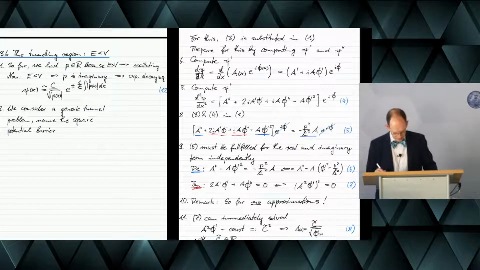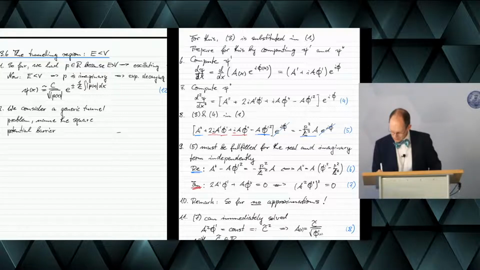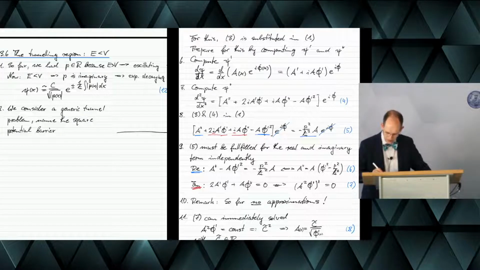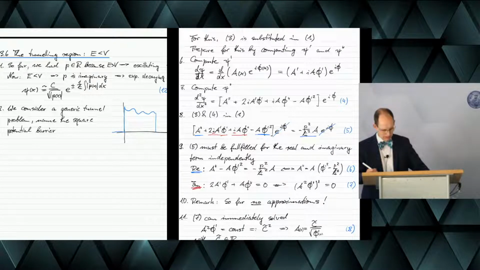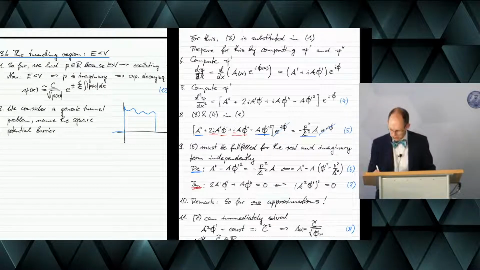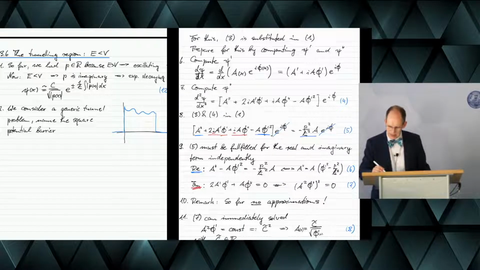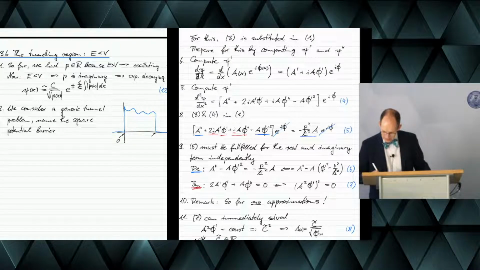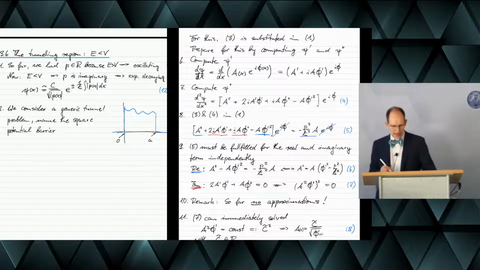We consider something like the following. First we have the coordinate axis, right? And we assume that we have a potential that looks like this here. To make it a little bit more general, we make it not exactly rectangular, but we give it an arbitrary shape. In any case, it starts here at the coordinate 0 and ends here at the coordinate a.